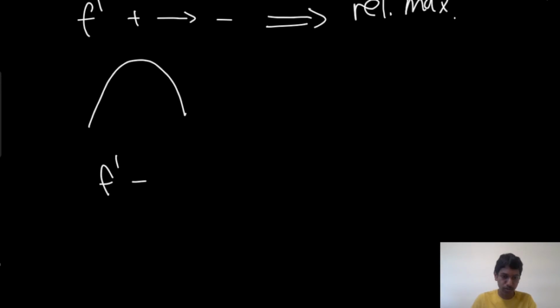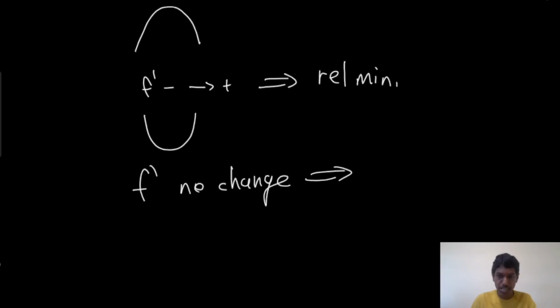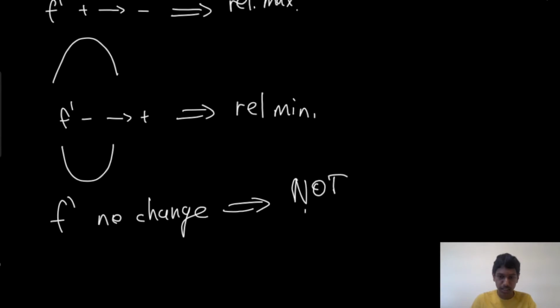But if f prime goes from negative to positive, then you've got a relative minimum. And that would look something like this. And if the sign of f prime doesn't change, then it cannot be a relative minimum or maximum.